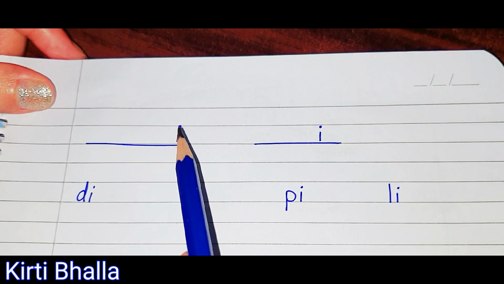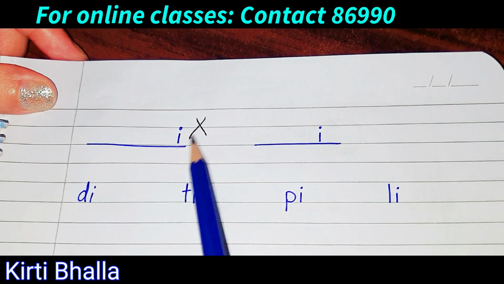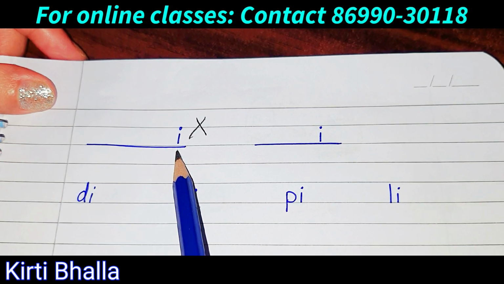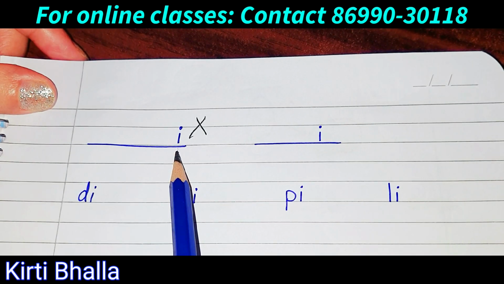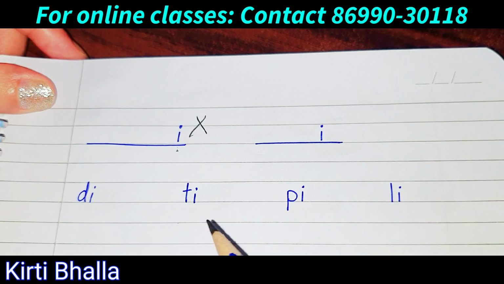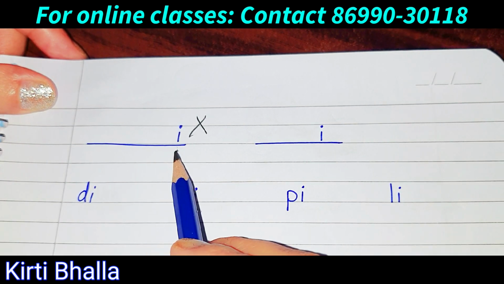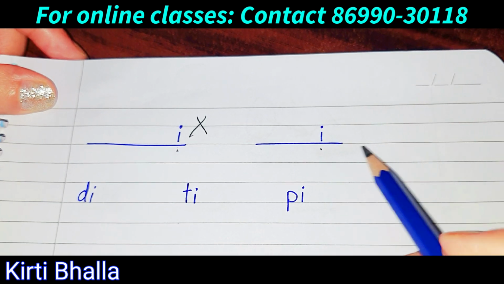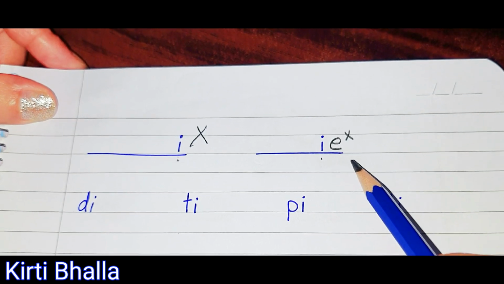Now let's talk about the ending I. No word in the English language ends with letter I except two or three exceptions. So letter I never comes at the end, but we often hear the I sound at the end. So in so many words which have I at the end, we have to write E, and the last E goes silent. Why does it go silent?